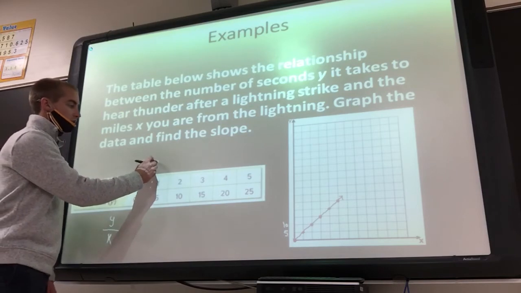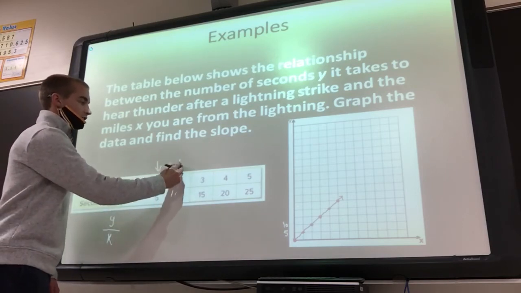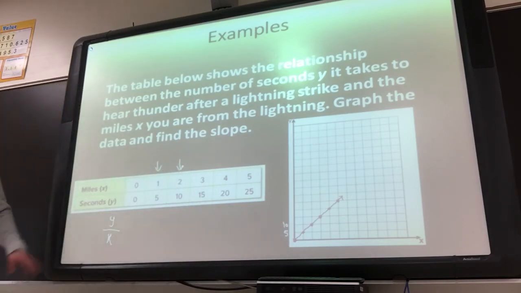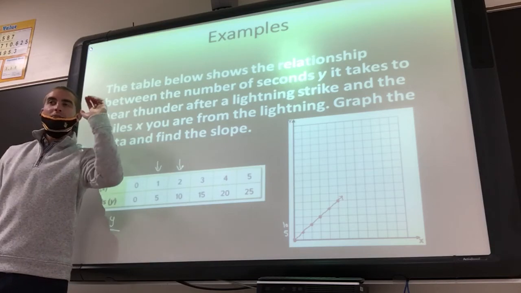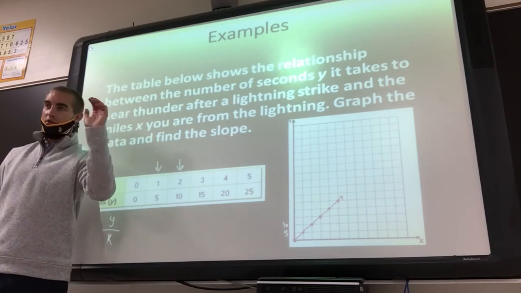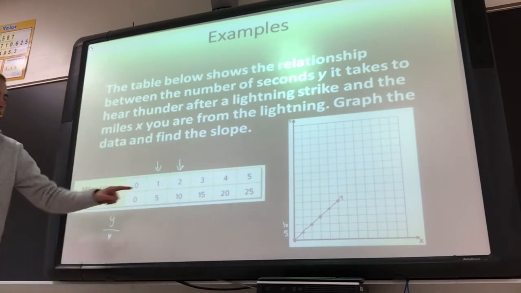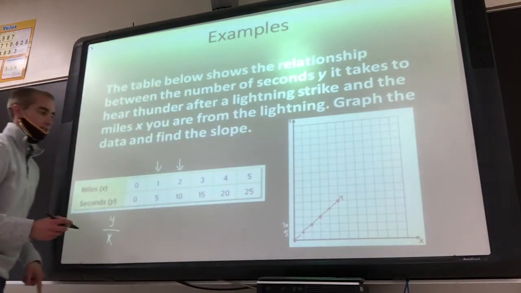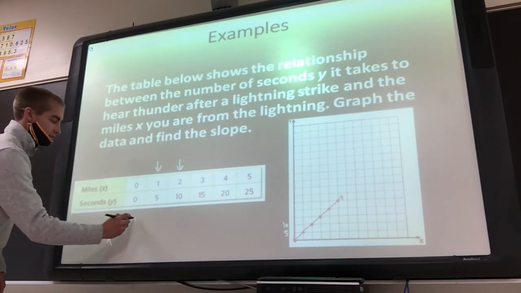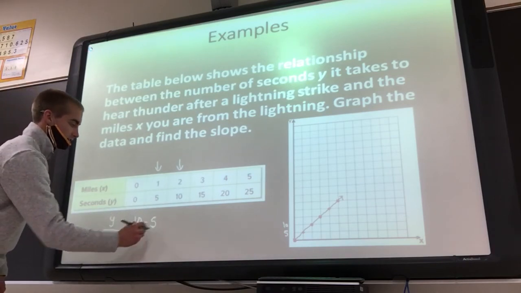So I choose 1, 5, and 2, 10. Remember, the y values come first. And we said in the last slide, the point that is higher up on the line comes first. So I'm going to take 2, 10, because 2, 10 is higher up on the line than 1, 5. And I'm going to do 10 minus 5.